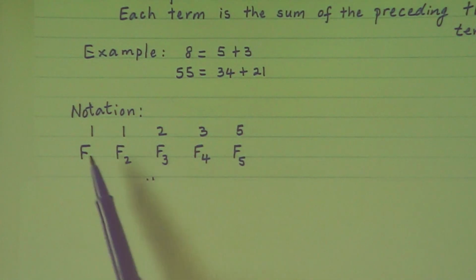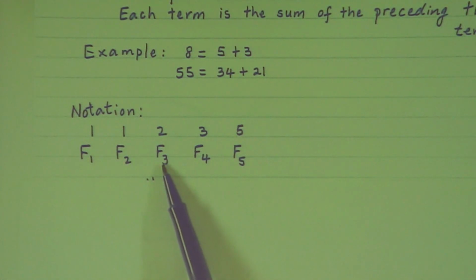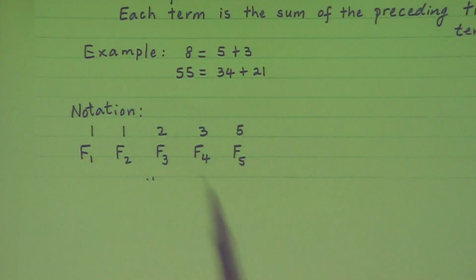We are going to use an uppercase F for Fibonacci and a subscript. So this tells me I want the 3rd Fibonacci number. So you don't have to worry about F0. We don't have a 0. So this is more intuitive.